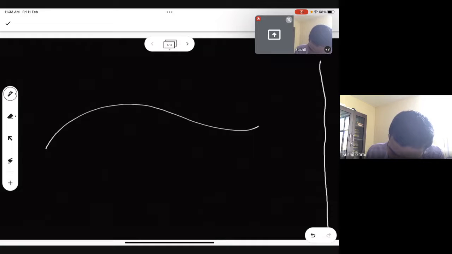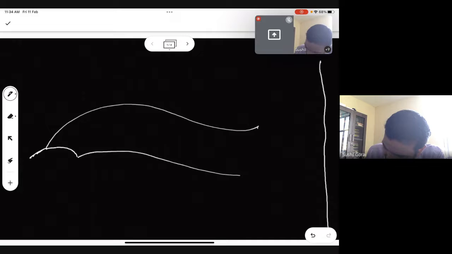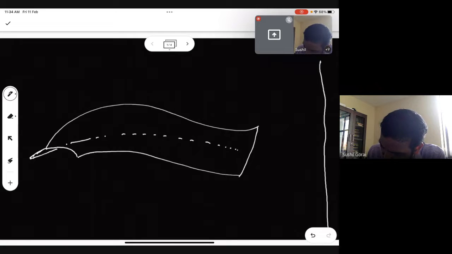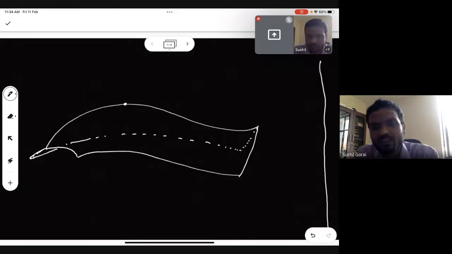So, suppose you have a surface, something like this, and you want to look at the tangent space.